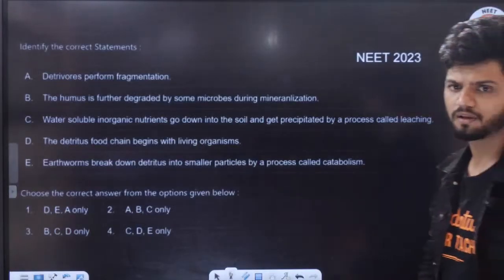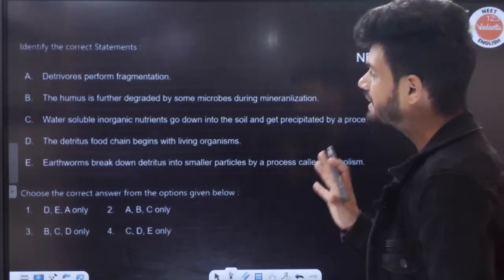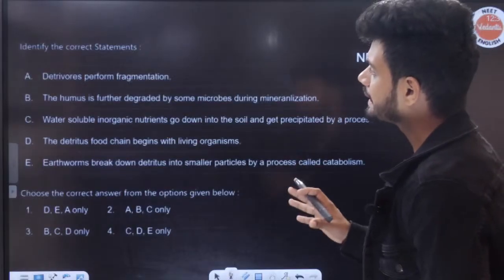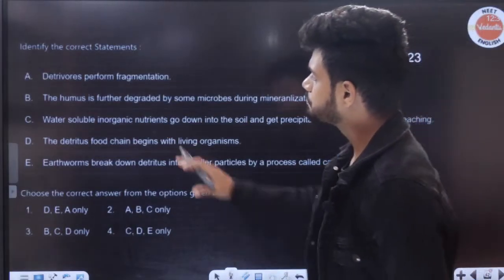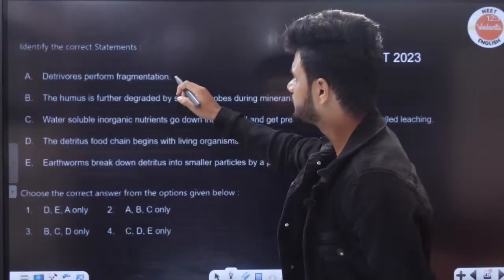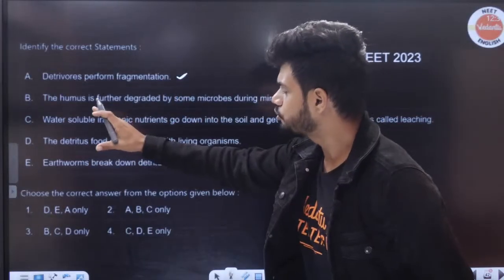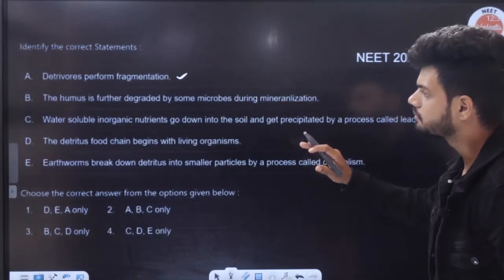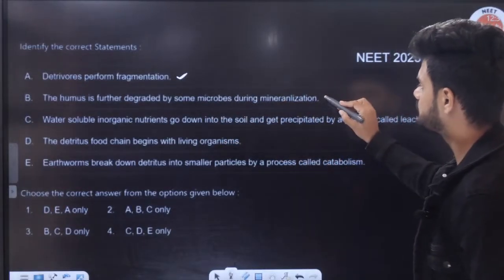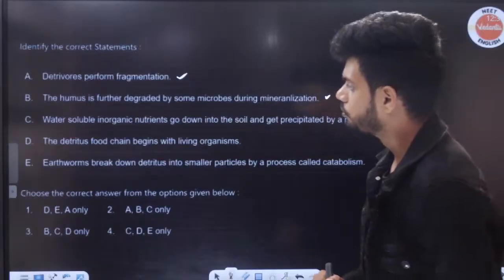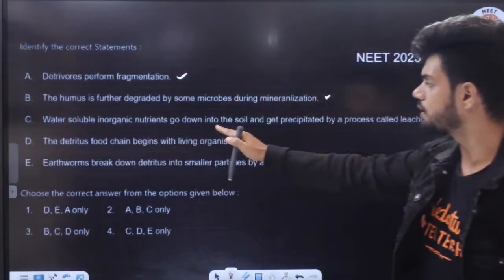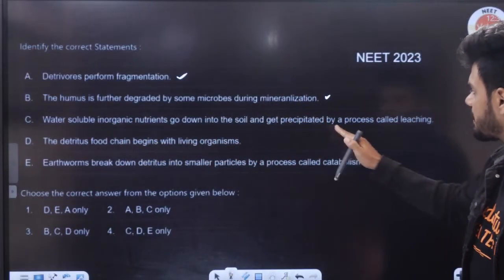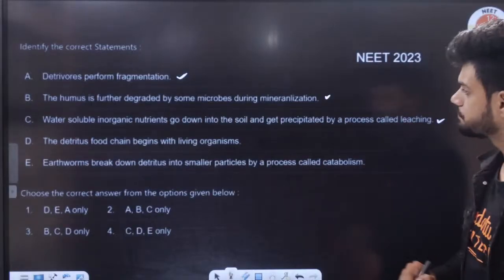Next question, I'll give you time. Read the question and solve. Identify the correct statements. Detritivores perform fragmentation. The humus is further degraded by some microbes during mineralization. Water-soluble inorganic substances go down into the soil and get precipitated by a process called leaching.